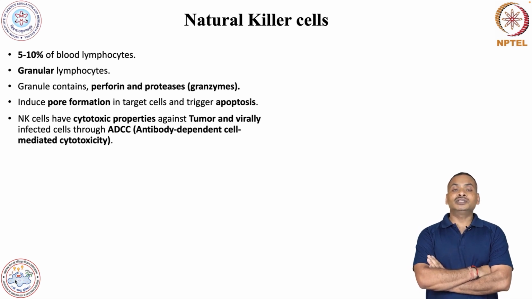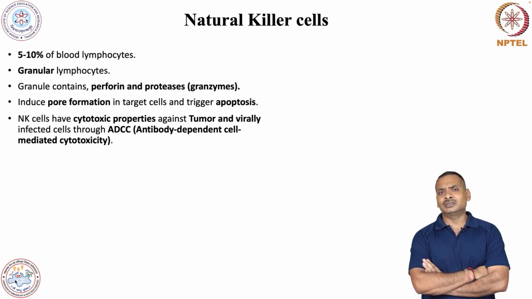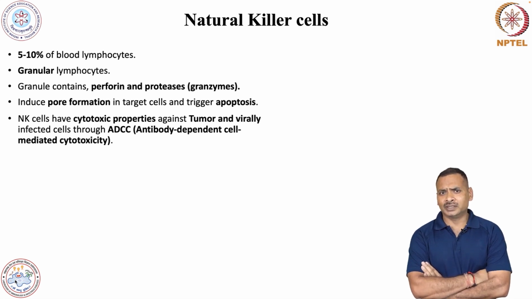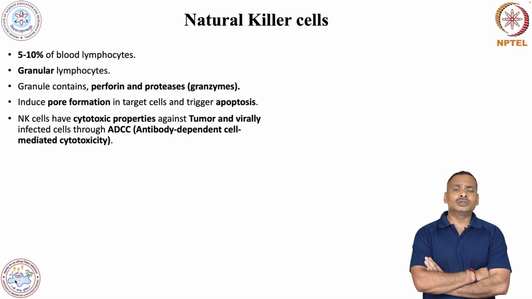In that way you can prevent the virus from spreading in the host, and you can also restrict the number of viruses. If you kill the virally infected cell, you will reduce the virus, and that will also result in the reduction of viral replication.